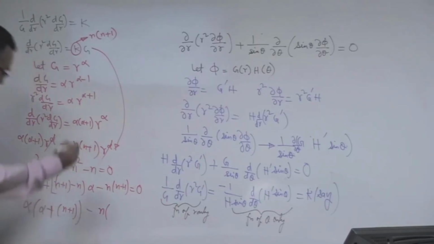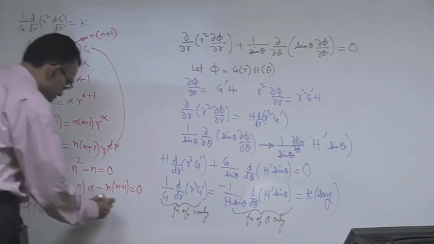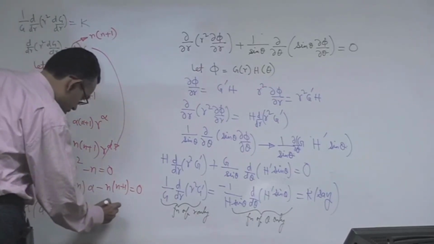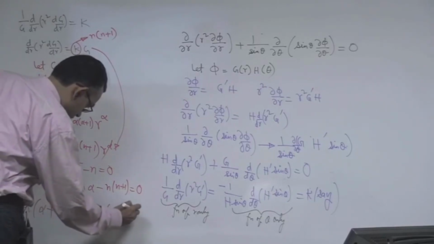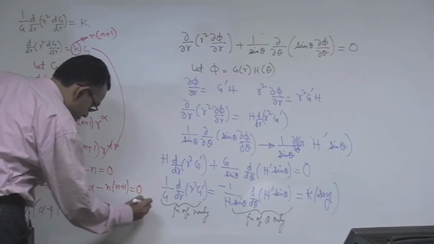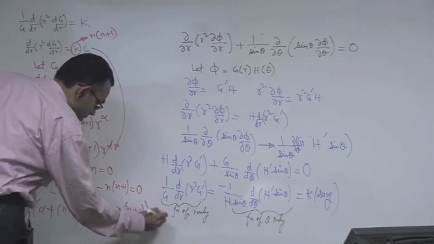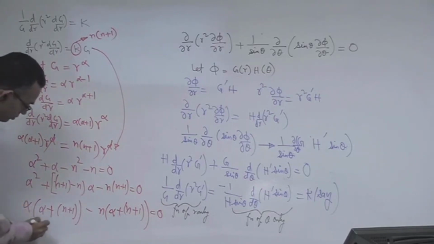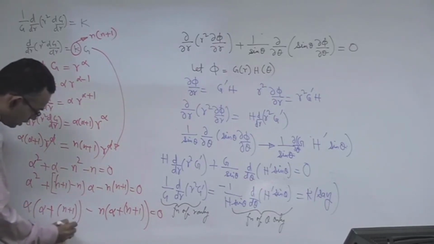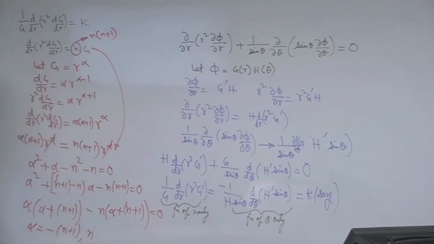This is alpha plus, yes, right, minus n into alpha plus. Please tell whenever there is a plus minus mistake, otherwise it will waste time. Okay. So, then alpha is equal to minus of n plus 1 and n.